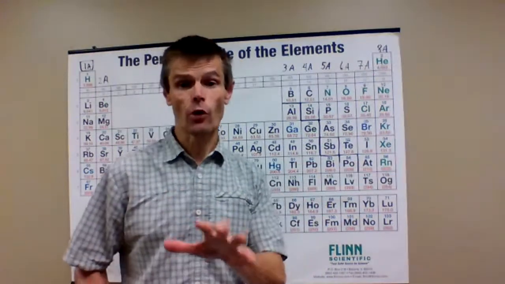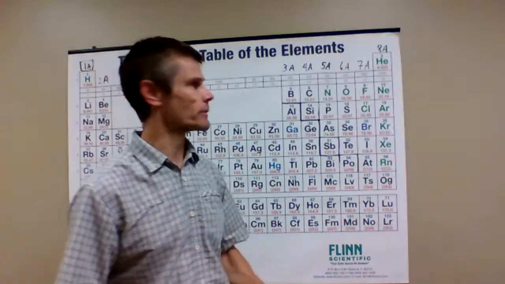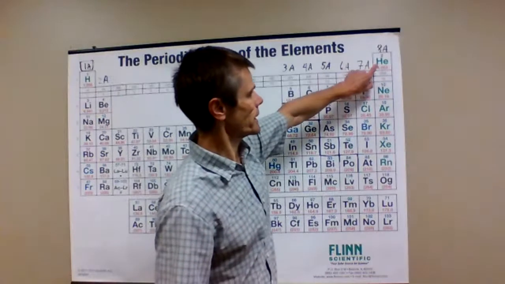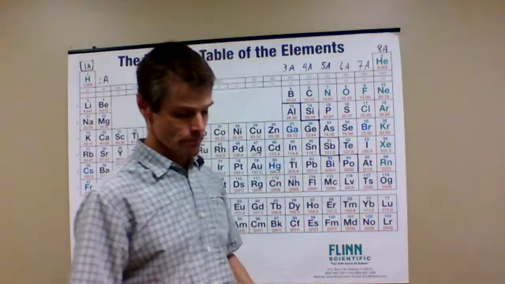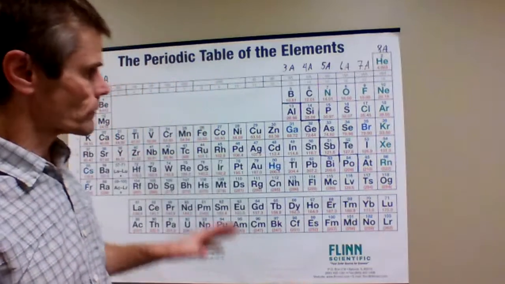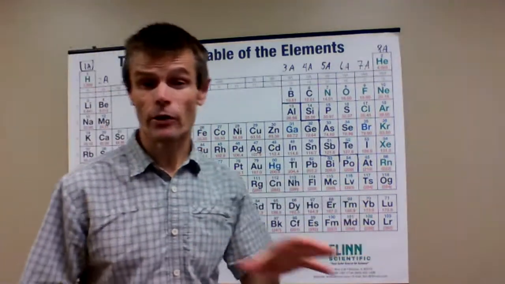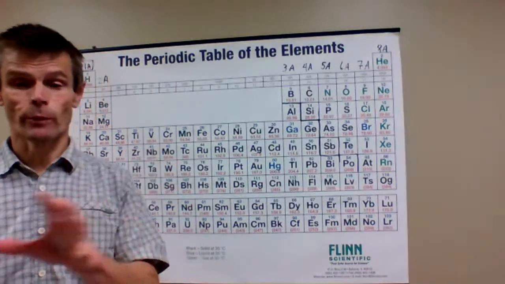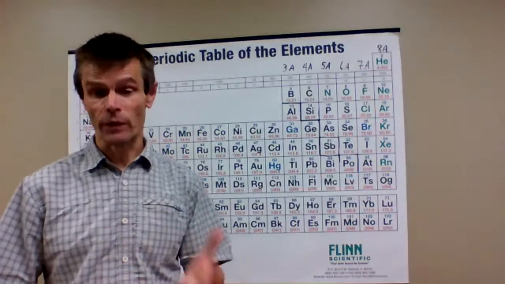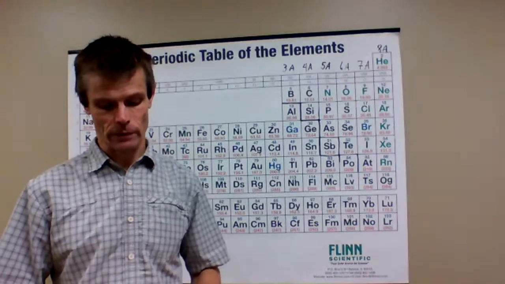And we're going to learn that they're called noble or inert gases because they're not very chemically reactive. These include helium, neon, argon, krypton, xenon, radon. So you need to go through and study your periodic table and start to recognize the groups that we have and the names of the elements within those groups that we've just mentioned.